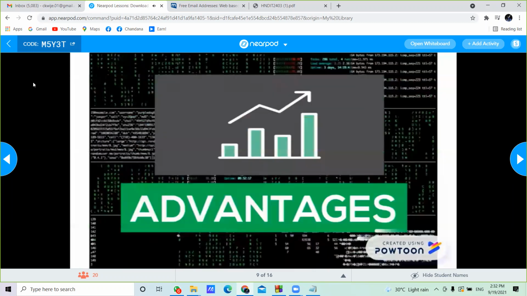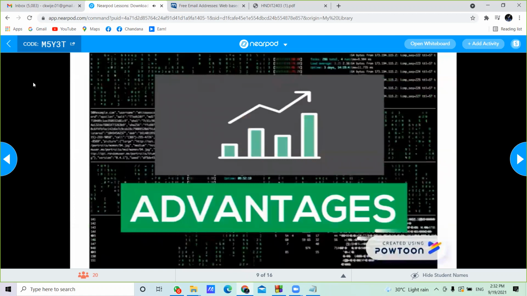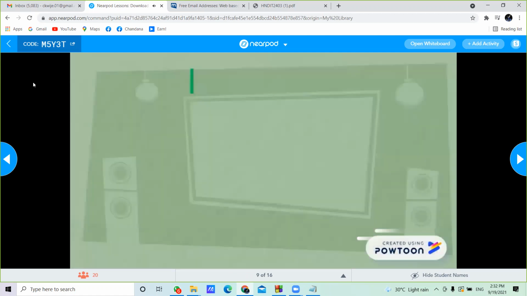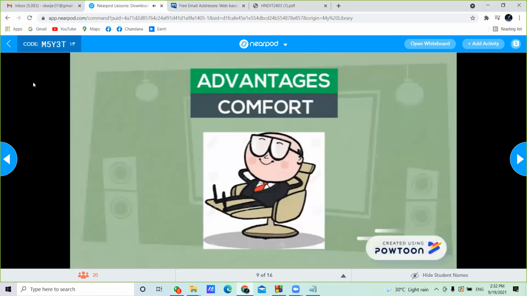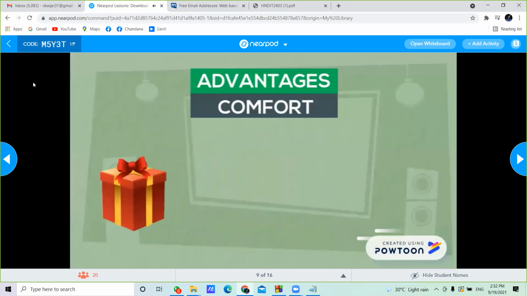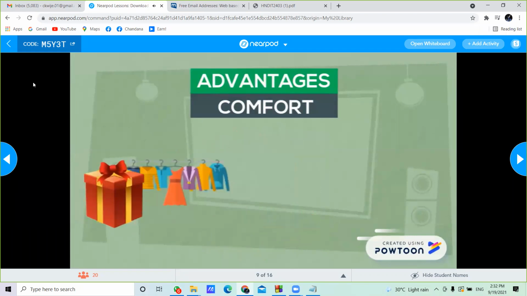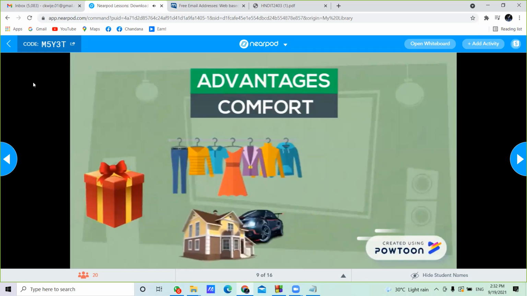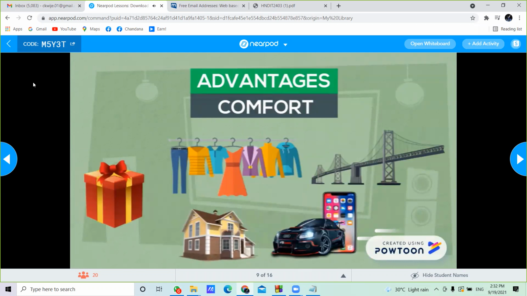Advantages. Comfort. Technology has made human life comfortable. Everything that we see and use in our daily life is the gift of technology, from the clothes we wear, the house we live in, the car we travel in, the bridges and flyovers, the mobile phone we carry, etc. These are all examples of successful implementation of technology.